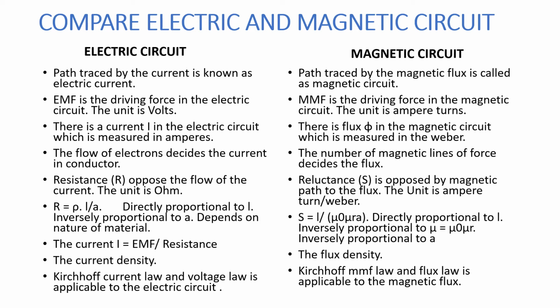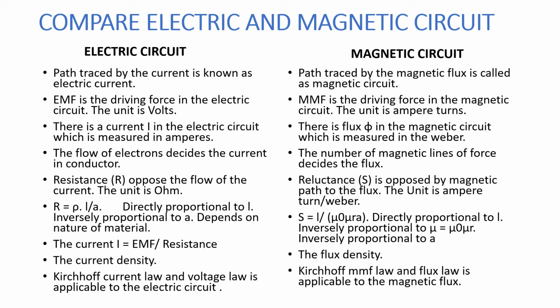Flow of electrons decides current in a conductor in the electric circuit. Number of magnetic lines of force decides the flux in the magnetic circuit. Resistance R opposes the flow of current in the electric circuit, unit is ohm. Reluctance S is the opposition offered by the magnetic path to the flux, unit is ampere turns per weber.